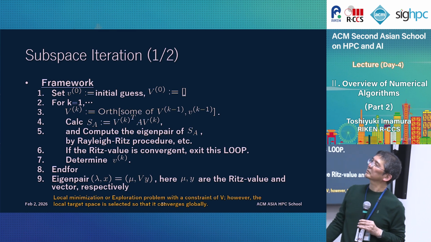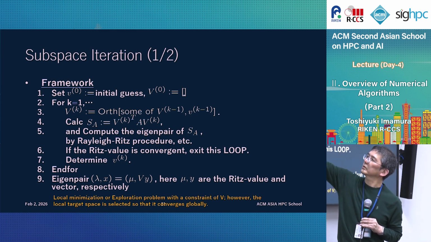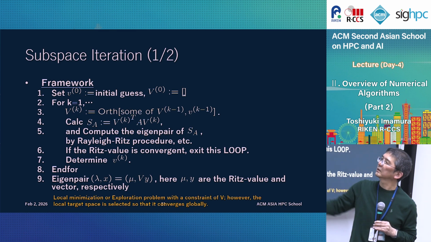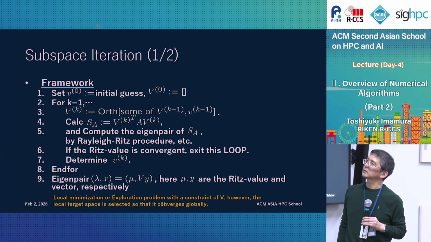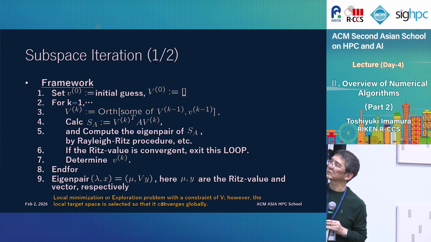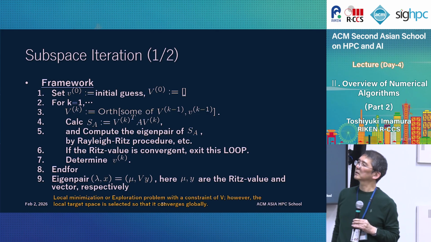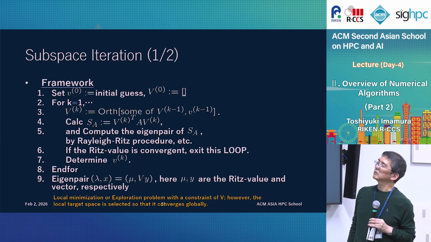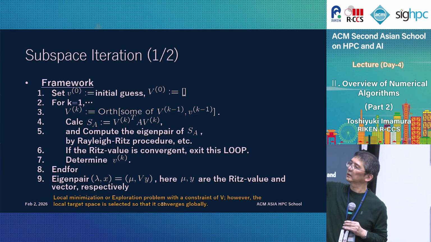We say the subspace projection SA. So we consider this small projected matrix and solve the eigenpair of this projected one. So we have the eigenvalue and the eigenvector for SA.